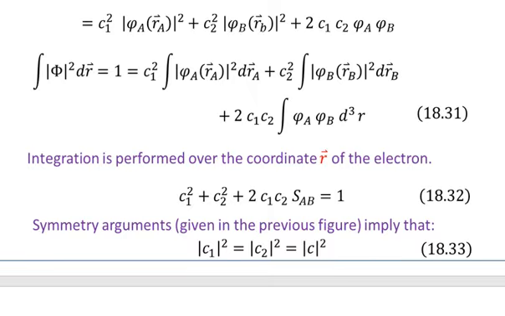So either the electron is associated with A or with B, both have the same chances, and their coefficients will also be related to each other because they will be identical. The situations when the electron is with nucleus A or with nucleus B are identical. So we have C1 square equal to C2 square, and these two can be set equal to the absolute square of C.